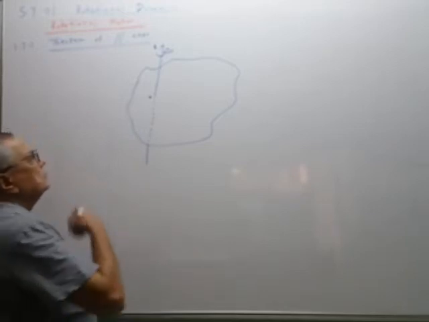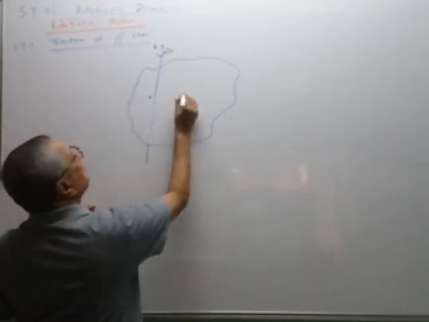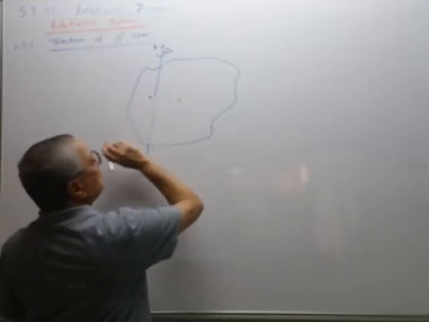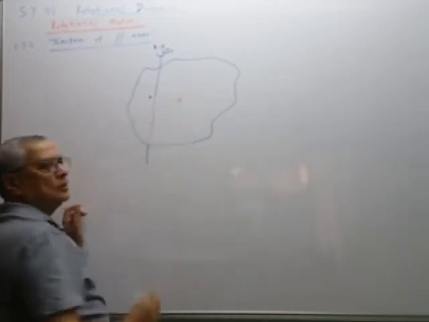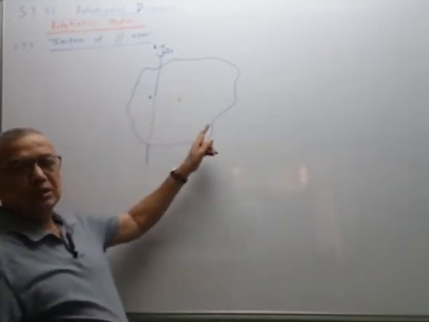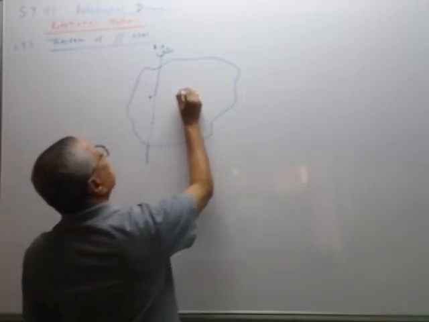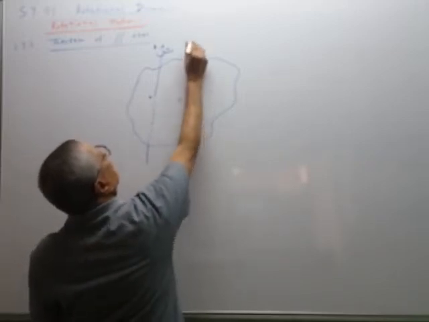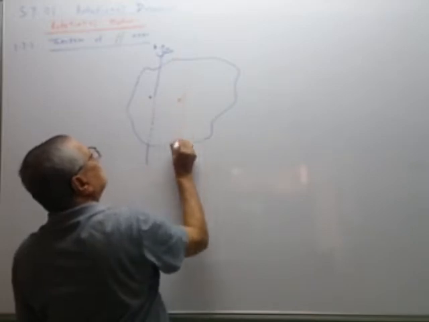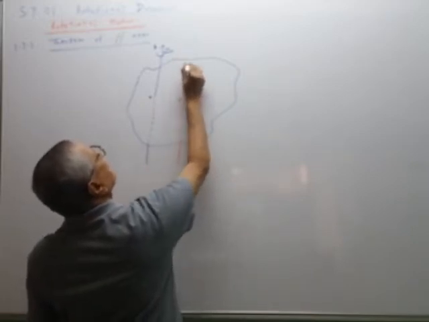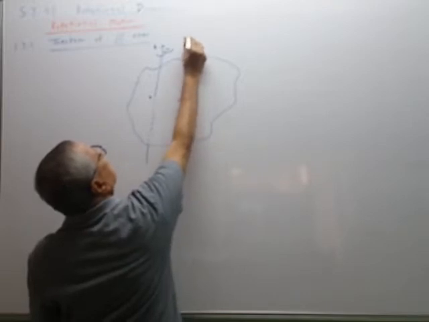Say this is the center of mass of the body. So through this center of mass, we will consider one more axis CB parallel to OA. So this is the axis parallel to OA, like this, CB.